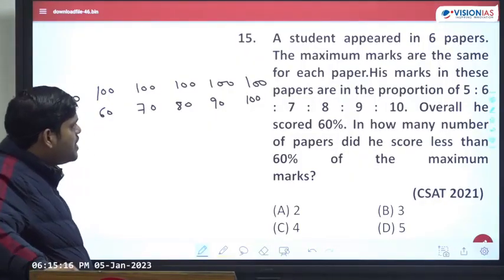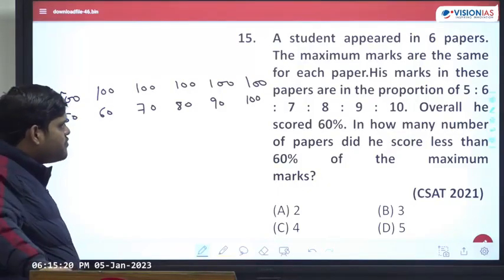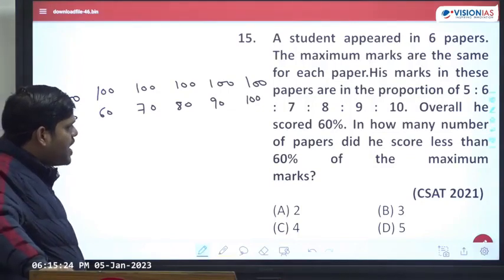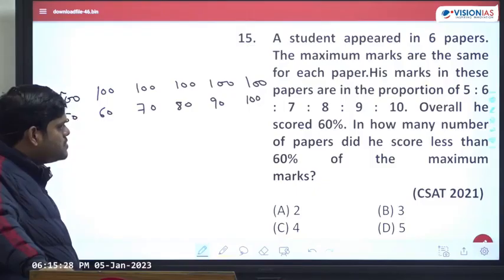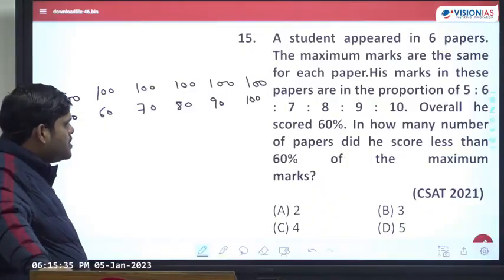Just a minute. A student appears in 6 papers. The maximum marks are the same for each paper. His marks in these papers are in the proportion of 5:6:7:8:9:10.